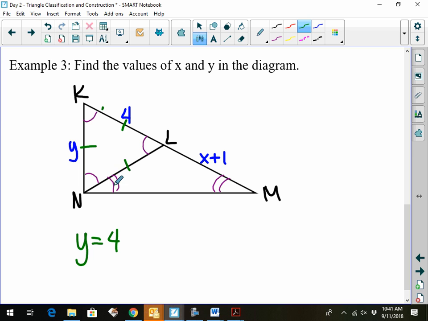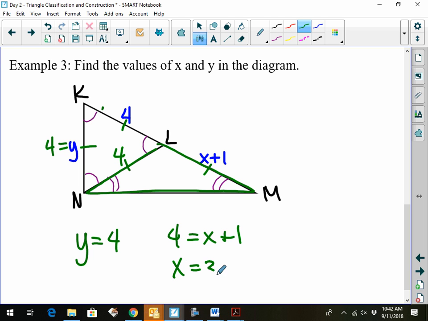And if we have base angles congruent on this triangle here, then we know that this side and this side must also be congruent. So if y is 4 and NL is 4, then we can say 4 equals x plus 1 to solve for x. So we'll subtract 1, we get x equals 3. So we're using the knowledge from equilateral triangles and the isosceles triangles to help us solve different questions.